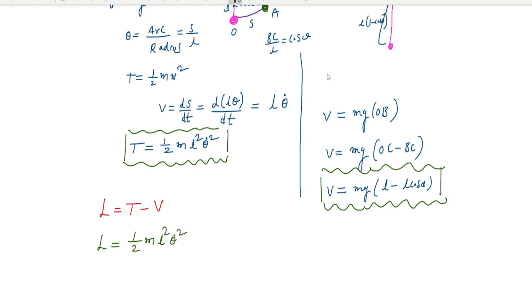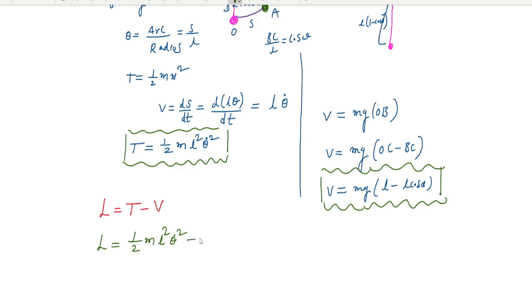We already discussed how many generalized coordinates are needed to describe the motion of a simple pendulum. That is only one coordinate, theta. Because L is constant, the only variable is theta, which is why our equation variable is theta here.